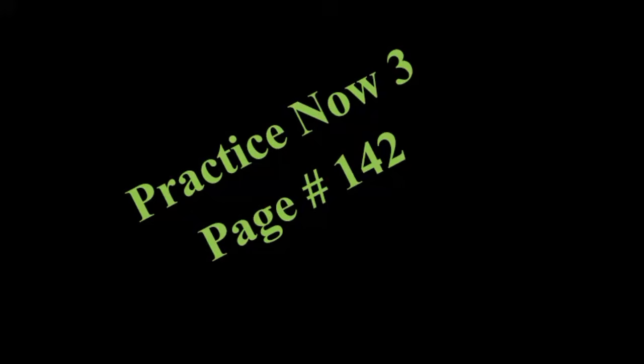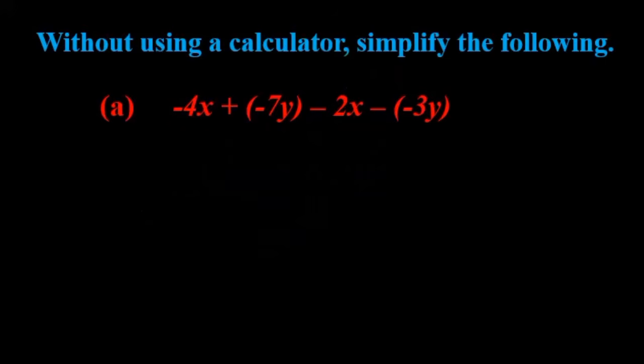Now it's a little bit lengthy and a little bit tougher than the previous easy questions, but the rules are the same. Keep in mind that the rules are the same. Let's start without using a calculator. Simplify the following. Now we have more values, we have double variables.